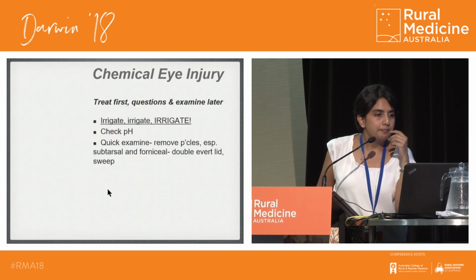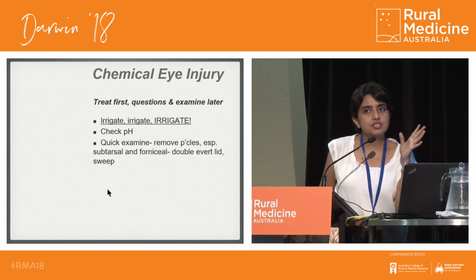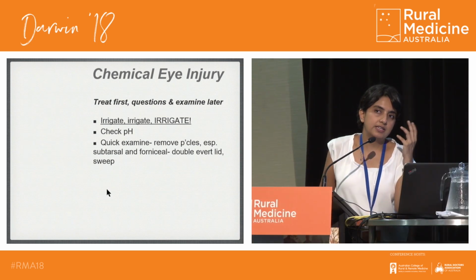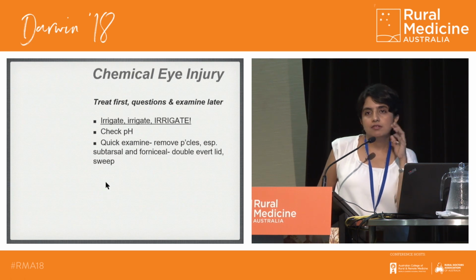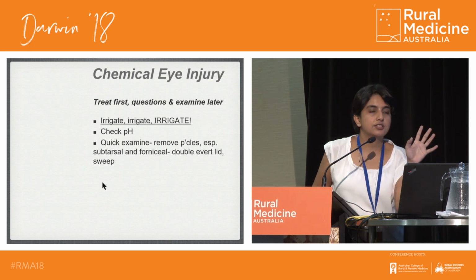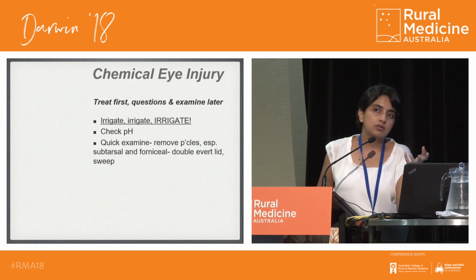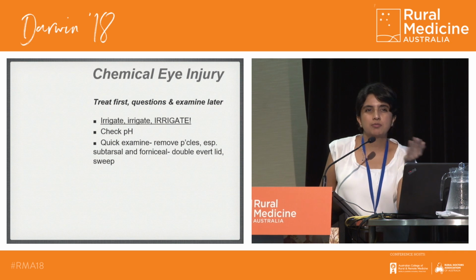So if there's any hint or suggestion that there has been a chemical insult to an eye, the principle is to stop history taking, stop examining, and just start irrigation, because the earlier we restore the pH to physiological pH, which is about 7.3 to 7.5, the better for the eye.